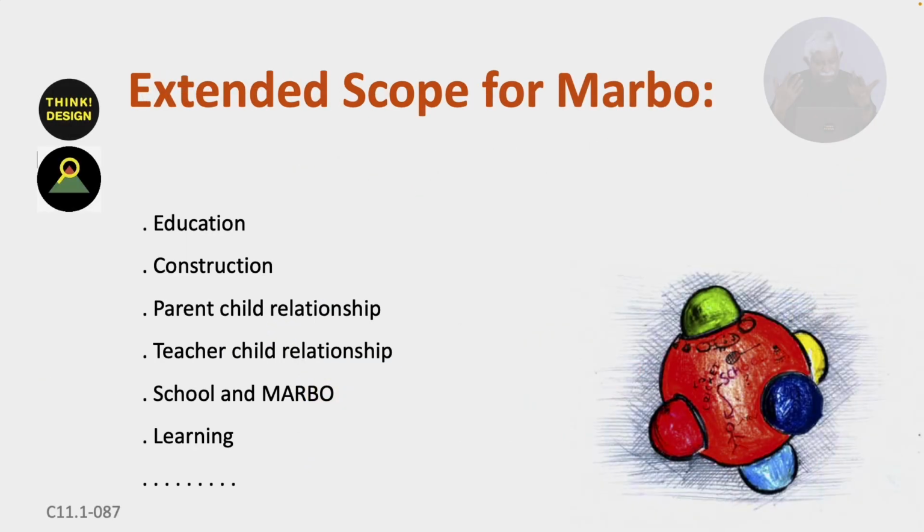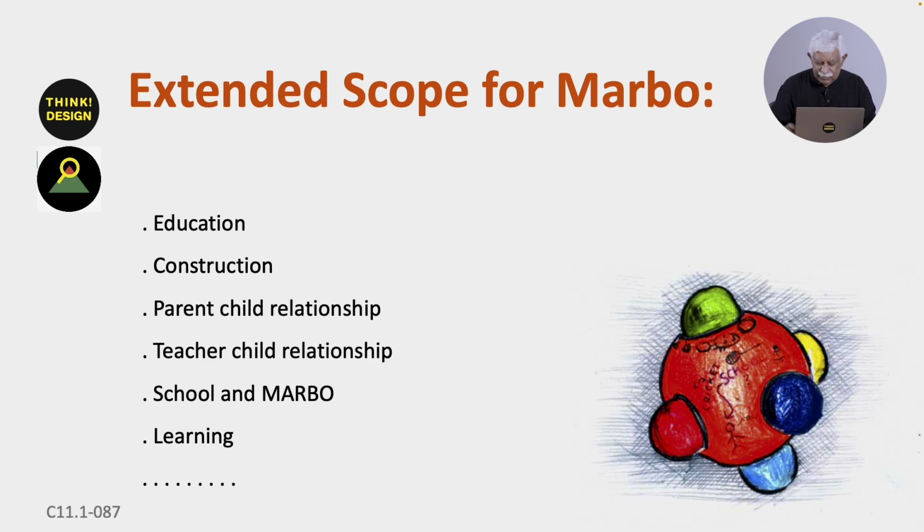So you can also in the future extend the scope of Marbo to include education, constructing things. Parent and child can make use of it to build relationships. Same with the teacher. School and Marbo can have a very good learning experience with that.